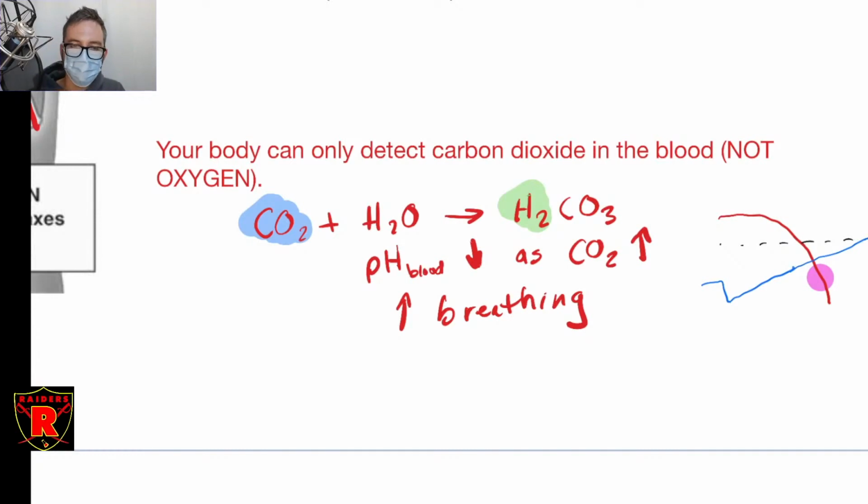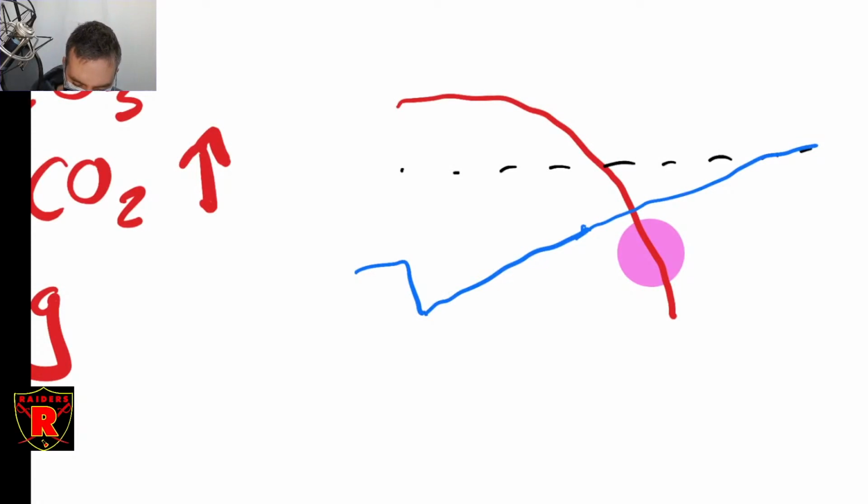This also leads to a really interesting phenomenon that happens when you hyperventilate and then you hold your breath. So let's think about what happens to you if you hyperventilate and then you hold your breath. That's what my little graph is over here, by the way.